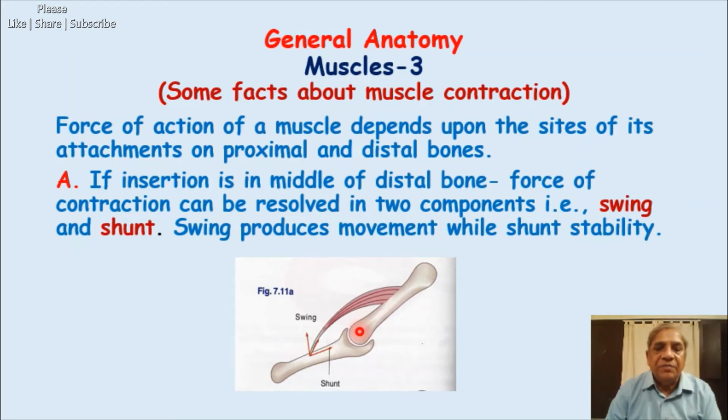Say, for example, an elbow joint, then this will be the humerus bone and this will be the ulna bone. Just remember this. Now see the site of the origin and the site of the insertion, because the action depends on the site of its attachment on the proximal as well as the distal bone, whether it is going to perform what kind of function.